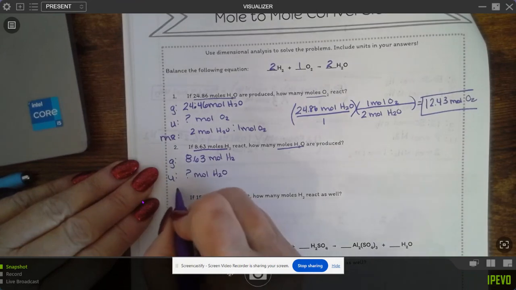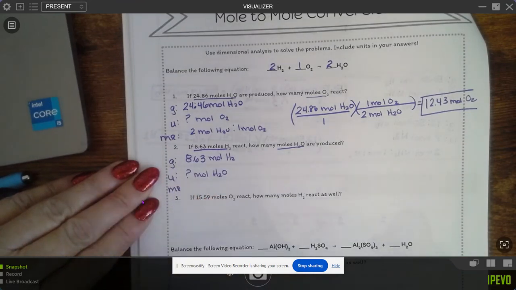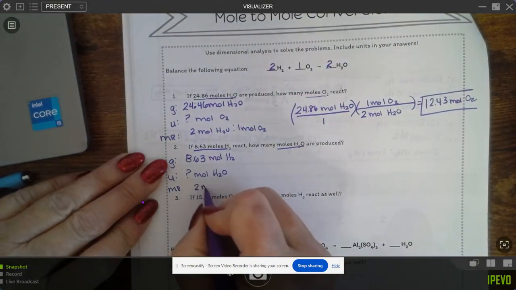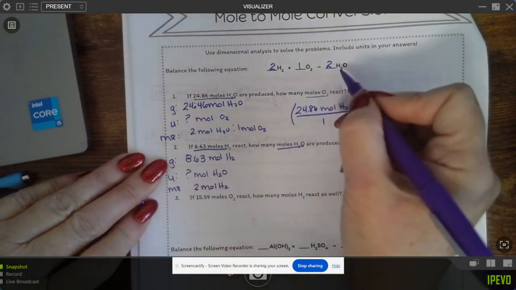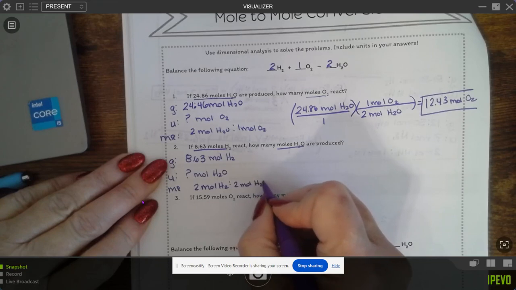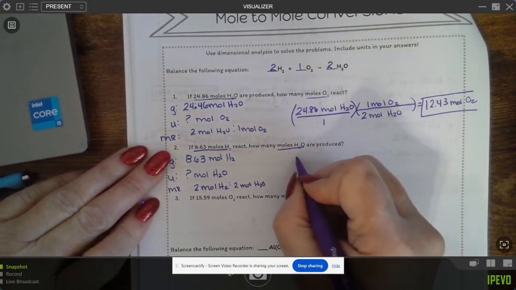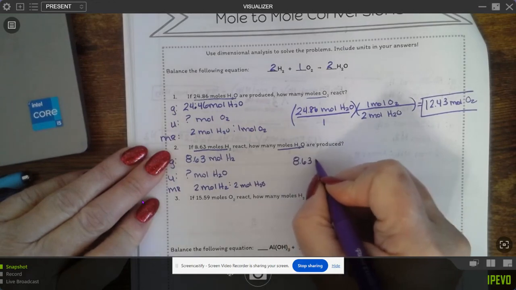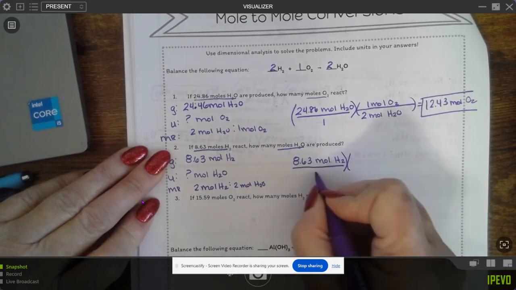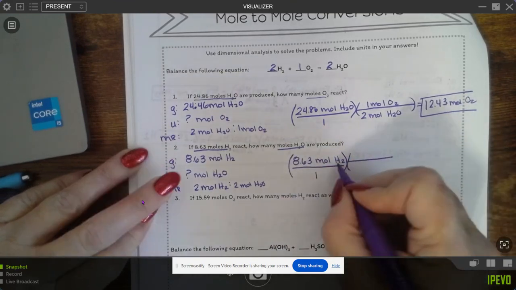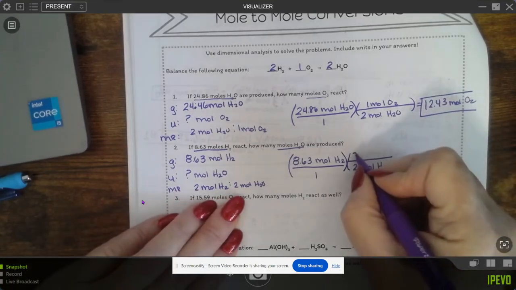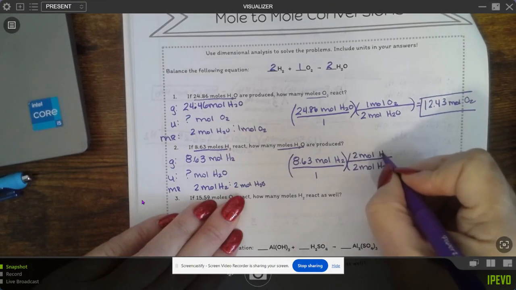So my mole ratio, I'm going to abbreviate MR, mole ratio, is moles of H2. 2 moles of H2 will produce 2 moles of H2O. So let's set this up. 8.63 moles of hydrogen over 1. And then I do 2 moles of hydrogen and 2 moles of water.